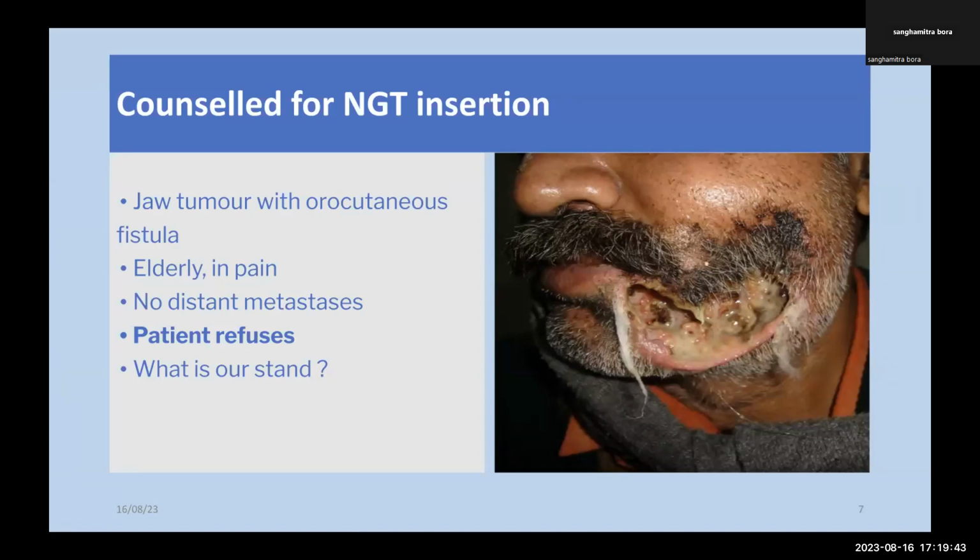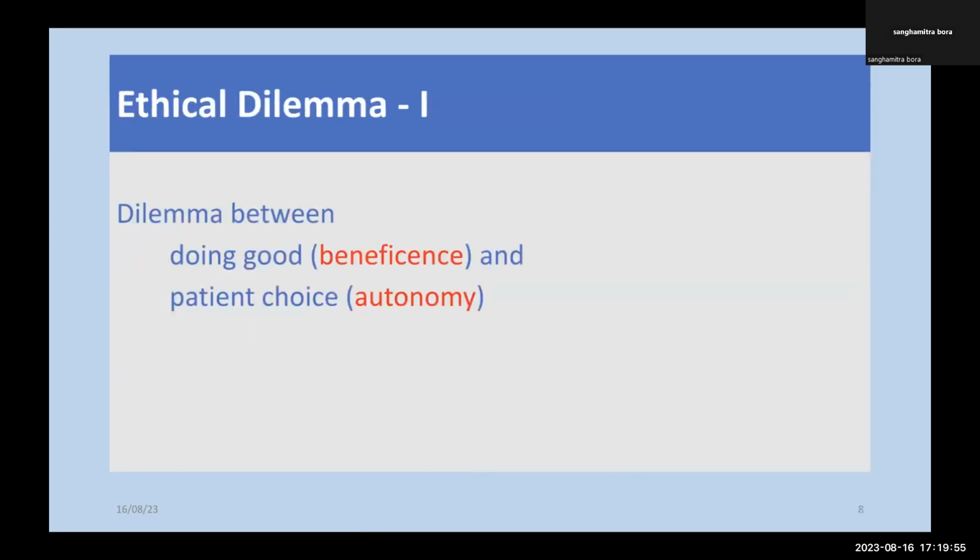If you do not have a counselor or you do not have a palliative care department, how would you handle this situation? So we will have to understand what is the dilemma here. Now, we want to do good by putting the patient on a Ryle's tube, and that is beneficence.